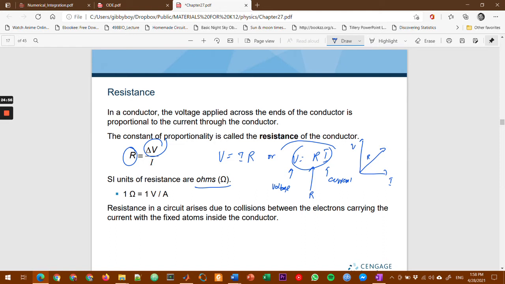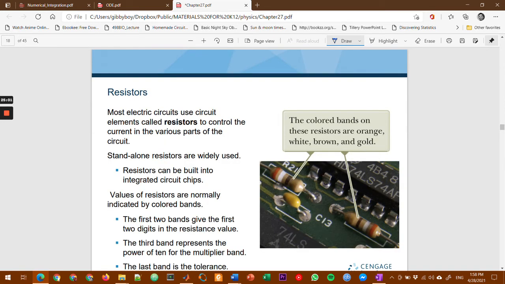Okay. Most electric circuits use circuit elements called resistors. And these resistors are able to control the current in the various parts of the circuit.